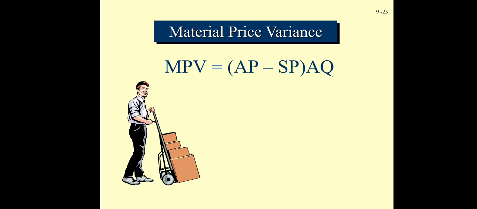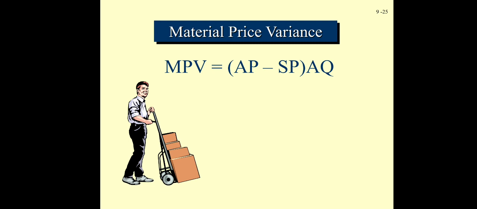For example, if you want to do variance analysis on the material, then you can do variance analysis on the dollar aspect or price aspect of the direct material. And then the second thing is you can do variance analysis on the quantity of the material variance. Okay, this one is the way to do material price variance.